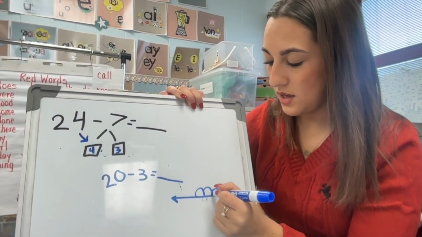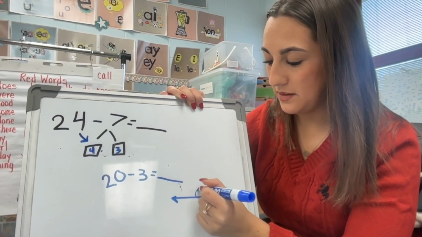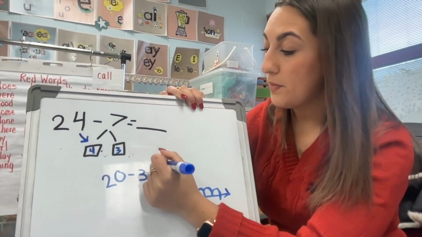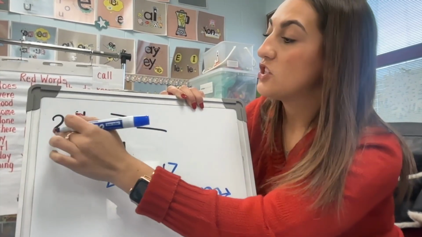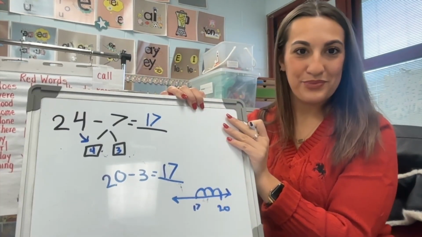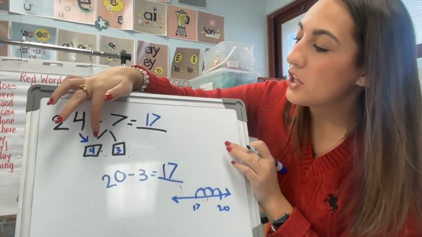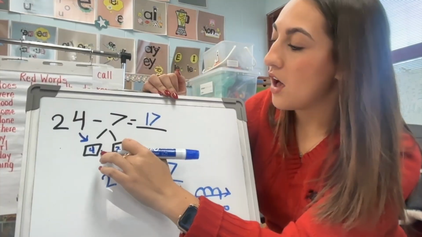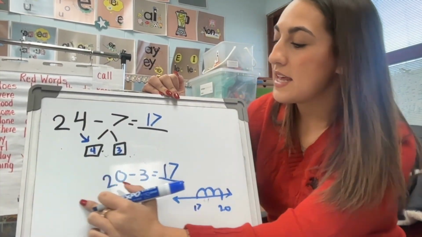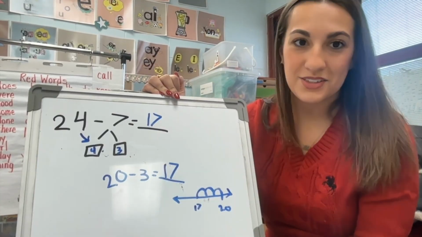So 20, 19, 18, 17. So I now know that 24 minus 7 equals 17. I looked at my ones value, I plugged it in, I found the other ones value to break apart the 7, and then I dragged my tens value over to subtract.